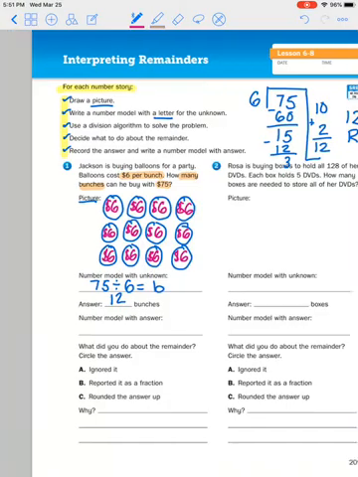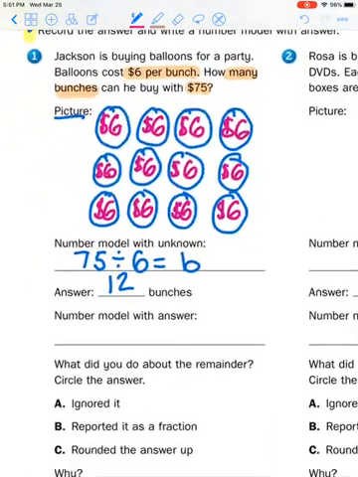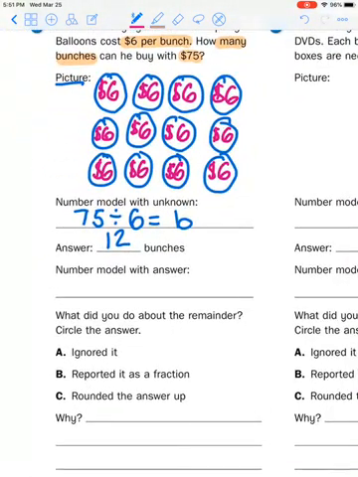Let me make this a little bigger so you guys can see. So now we did the picture, we did the number model, we gave the answer. Now let's write the number model with the answer. So it's still 75 divided by 6, which equals 12 with a remainder of 3.